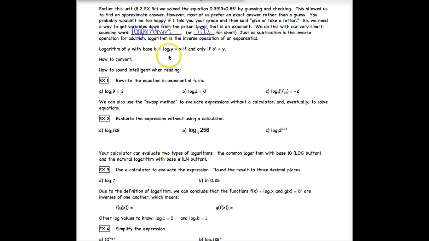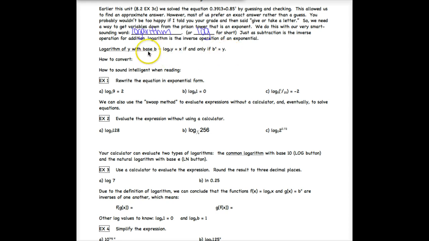Now, what we have here, this is the logarithm of y with base b. And we're saying that equals x if and only if b to the x power equals y. This is the whole basis of logarithms. Now, we're saying log of y with base b is x if b to the x power equals y.